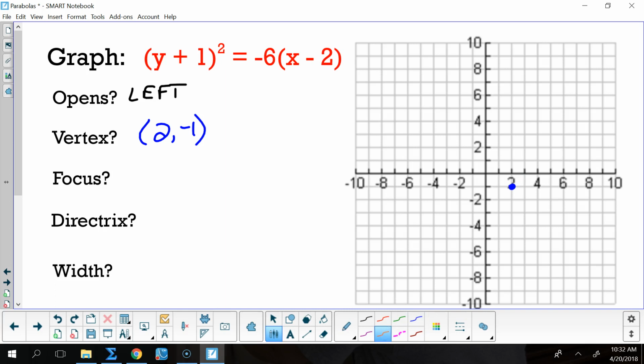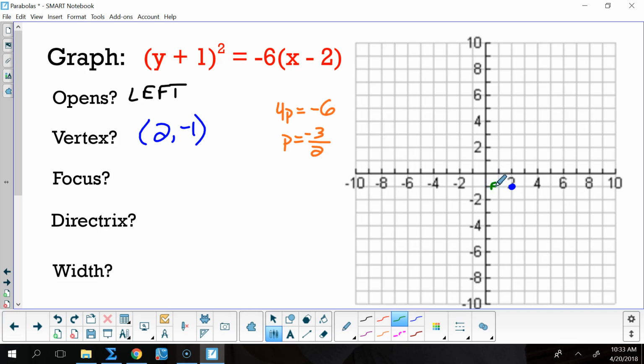4p is -6, so p is going to be negative 3/2, which is negative 1.5. So p is really 1.5. So my focus is 1.5 to the left.